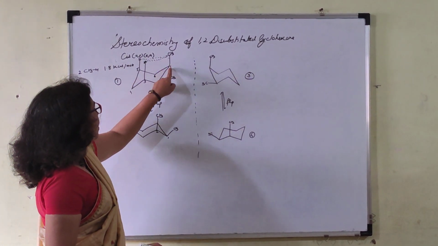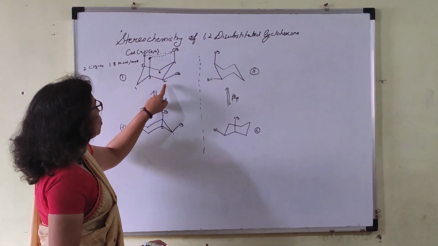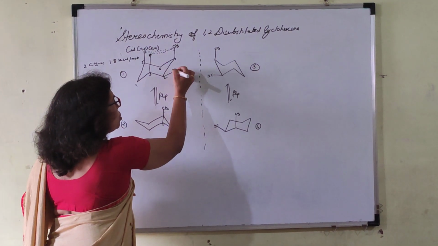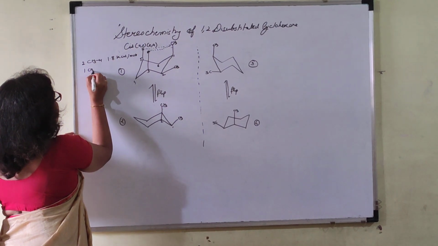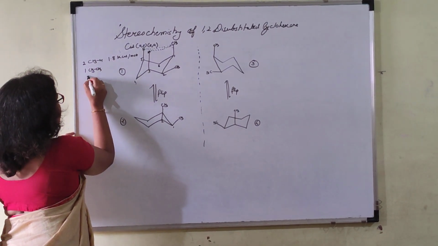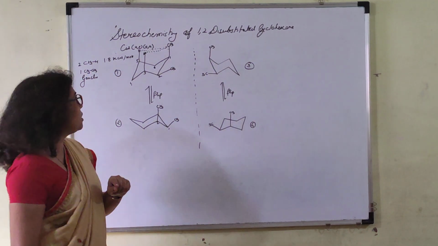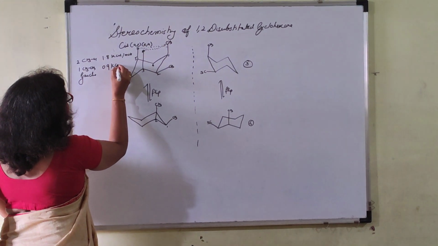The CH3 group at carbon number 1 and the carbon number 2 equatorial position, these two are gauche to each other, and therefore there is one CH3 gauche interaction, which contributes 0.9 kilocalories per mole.